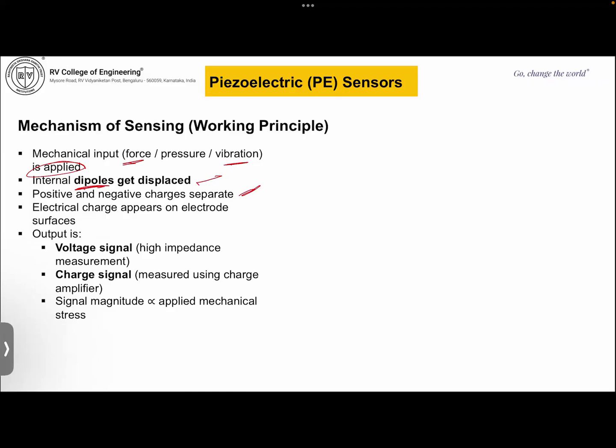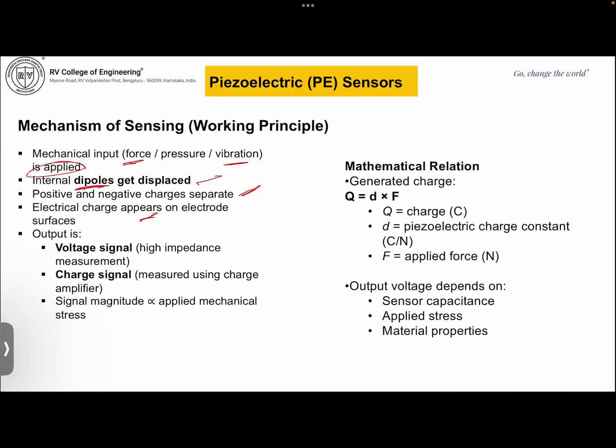So the electrical charge appears on the electrode surfaces, the two metal plates. So the voltage between the plates is changed, and that is being measured. The voltage signal is measured as the output, or sometimes the charge is measured. The intensity of the signal is directly proportional to the applied mechanical stress.